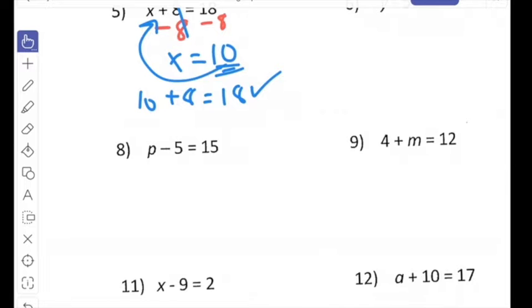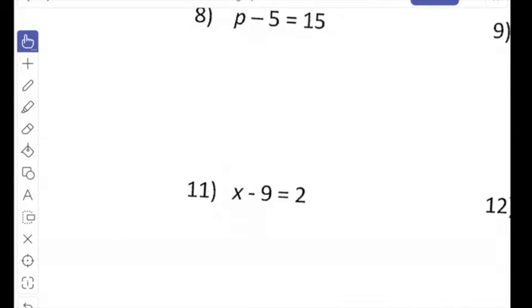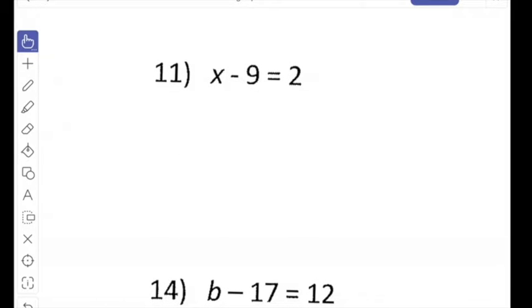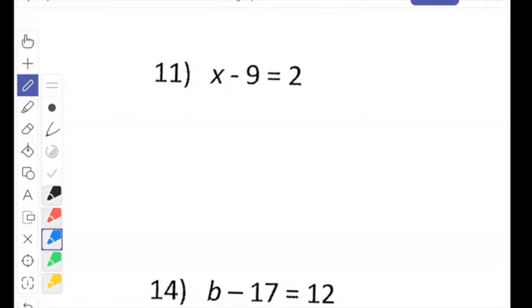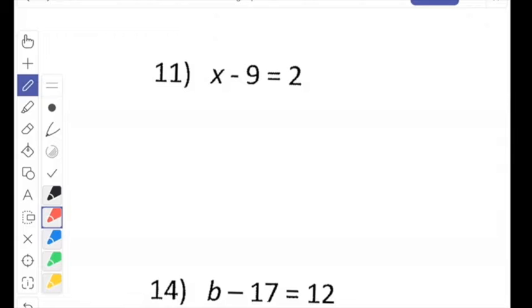So let's look at one now that has subtraction. Let's actually do number 11. Number 11 says x minus 9 equals 2. First step, isolate the variable. I see that we have minus 9, so what I need to do is the inverse operation, which is add 9.